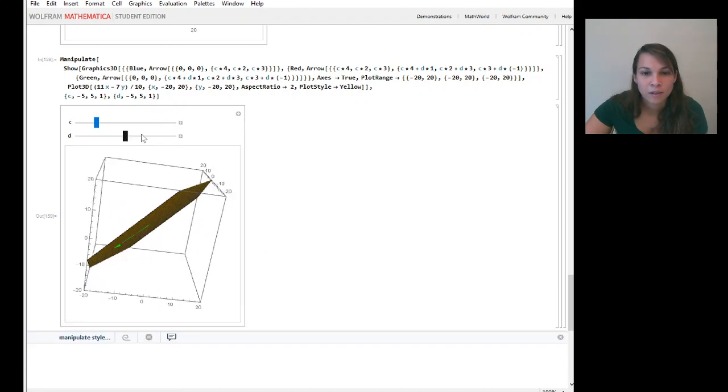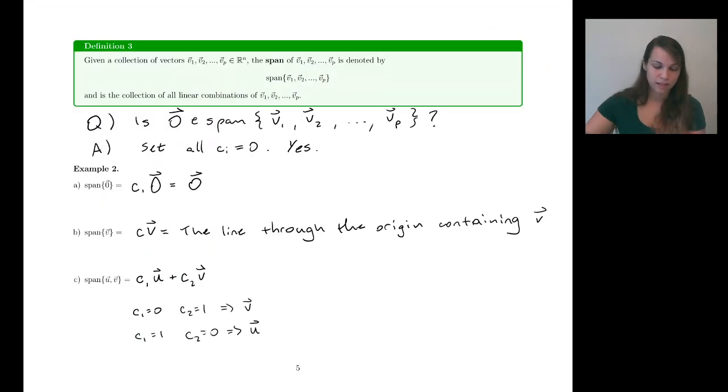See, they are on the plane no matter what you do with the constants. So we know that V is going to be in there. We know U is going to be in there. And we can summarize that information with a plane.